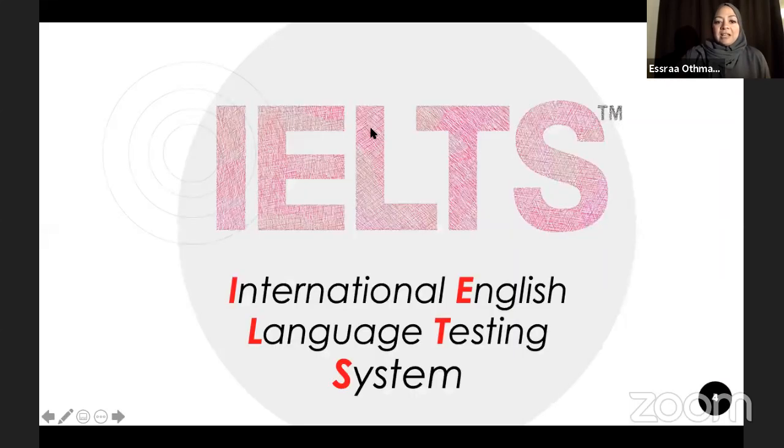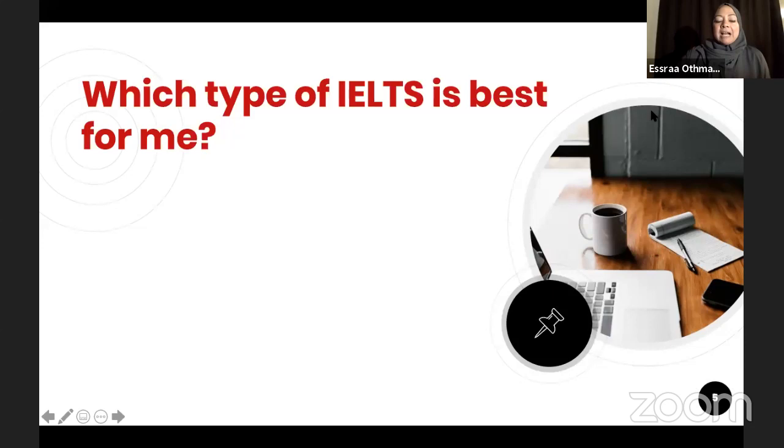So first of all, let's find out what IELTS means. IELTS is short for International English Language Testing System. So for those who are not familiar with the test, this is what the word IELTS actually means. Now there are different types of IELTS exam.